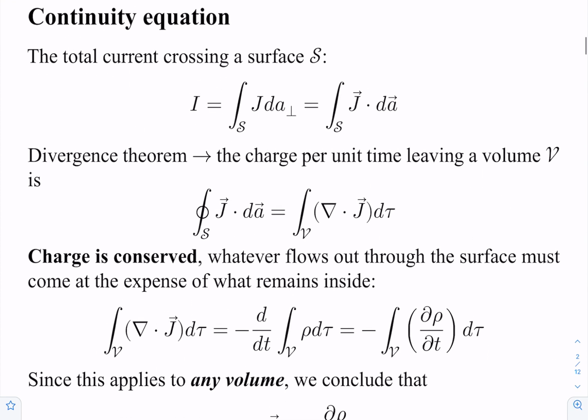If you still remember the last example that we discussed, to convert between the total current and the volume current, we simply need to integrate the volume current across the surface of interest.